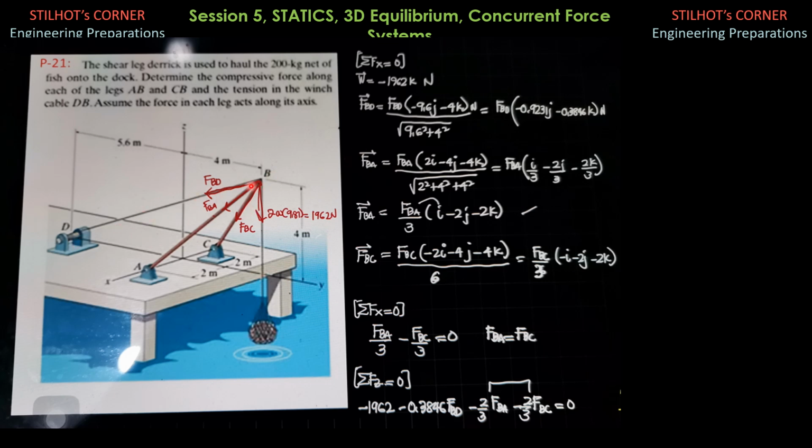FBD is down to the left. Down is negative along Z, 4. Then along Y, negative also.